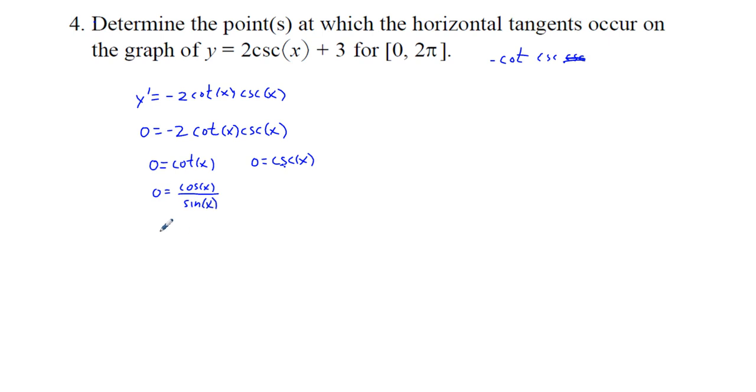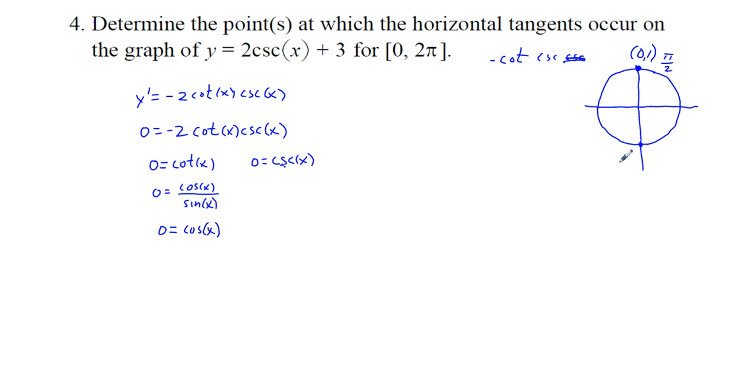And so basically, we can say 0 is equal to cosine x. And where is cosine x equal to 0? Cosine x is equal to 0 in only 2 places between 0 and 2 pi, and that would be right here at this point 0, 1, and by the way, this angle here is going to be pi over 2.